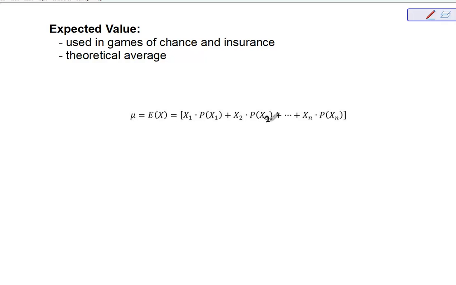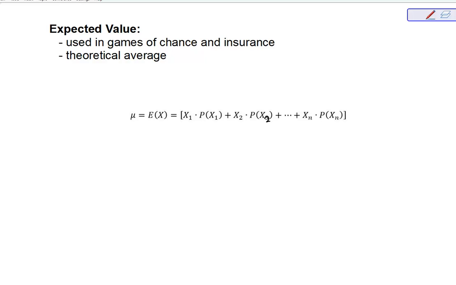Are you expected to be a hazard? Are you high risk? Insurance companies want to know that, and so they use expected value to figure that out. It's also considered a theoretical average because obviously we don't know the exact average of these things. It's all a chance. We don't have a clue of what is actually going to happen.